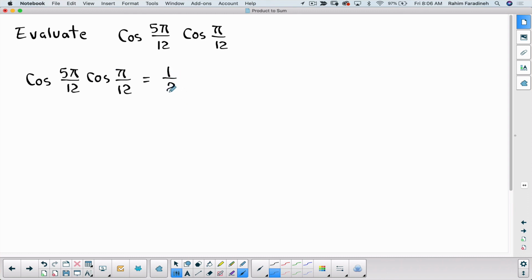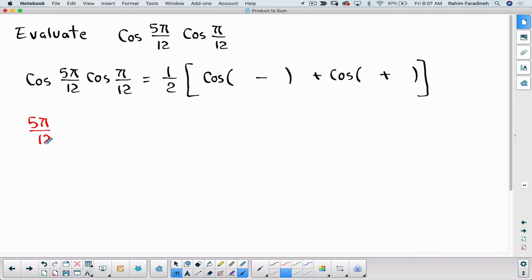That formula is 1/2 times cosine of the difference plus cosine of the sum of those angles. So again, I'm going to do my calculations outside. 5 pi over 12 minus pi over 12 will be 4 pi over 12, which is pi over 3.